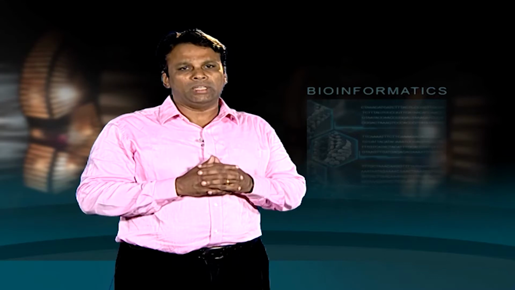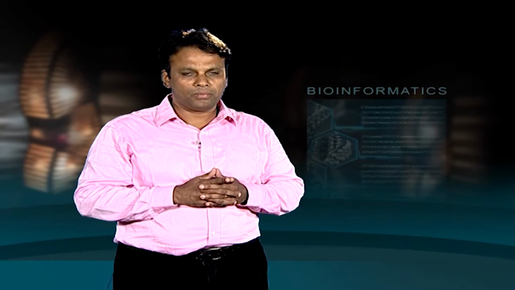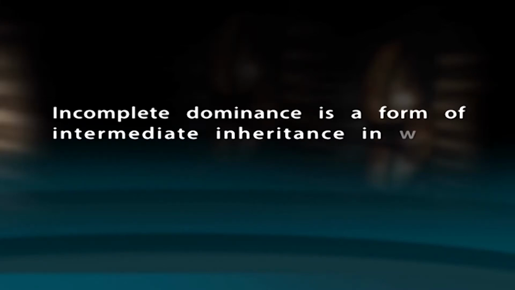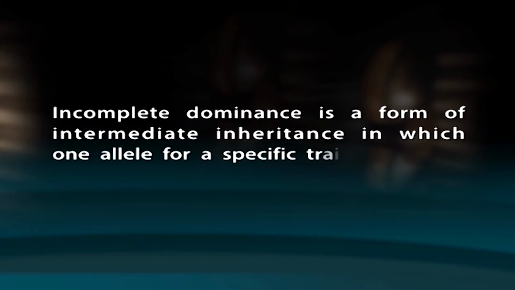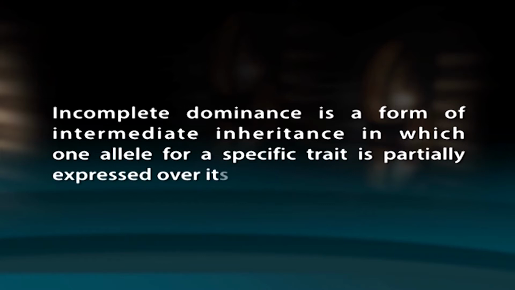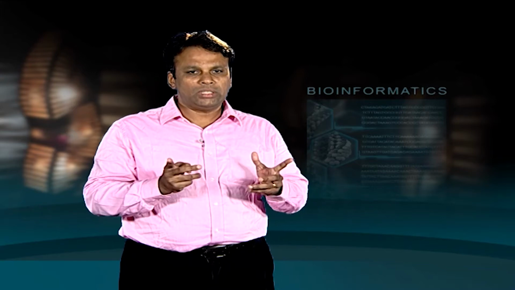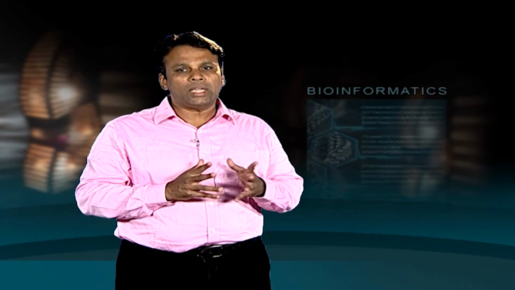Incomplete dominance, also known as partial dominance, identifies such circumstances. Incomplete dominance is a form of intermediate inheritance in which one allele for a specific trait is partially expressed over its paired allele. The result is a third phenotype in which the expressed phenotypic character is a combination of the dominant and recessive phenotypes.